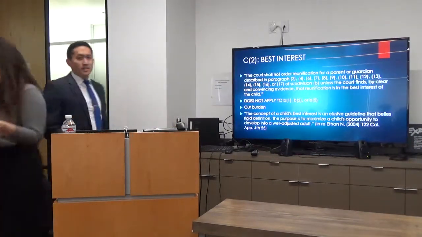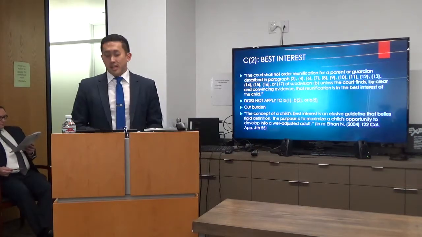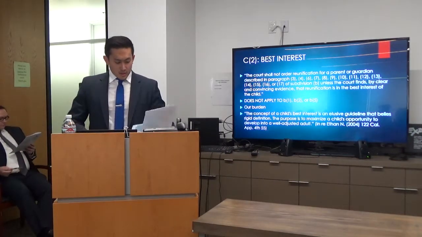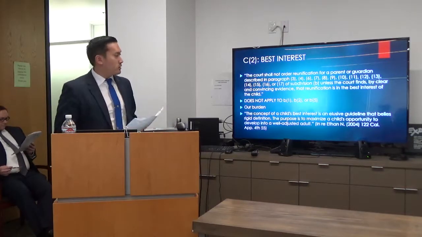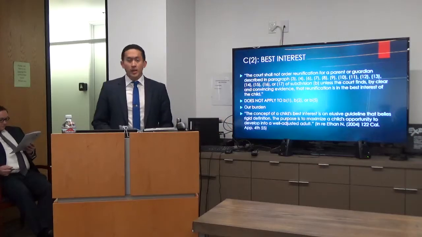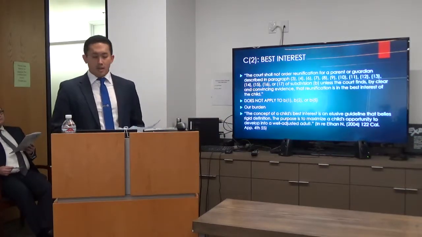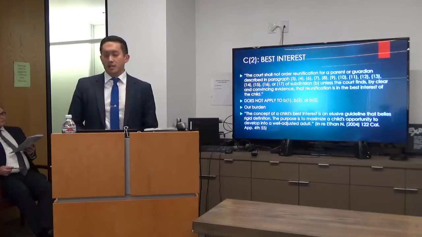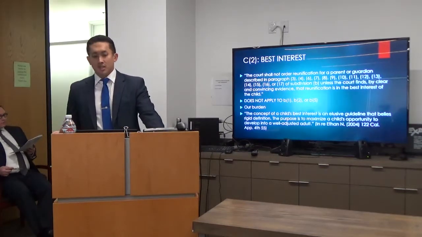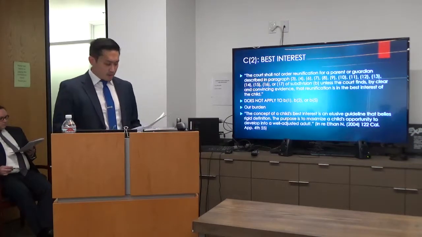Okay, so the best interest exception, 361.5(c)(2), is your kind of get out of jail free card. It applies to basically everything but B1, B2, and B5. B5 because it has its own reasoning and its own exception that applies, and B1 and B2 because it's kind of pointless to give services to someone who's not around or to someone who would not be able to benefit from those services.